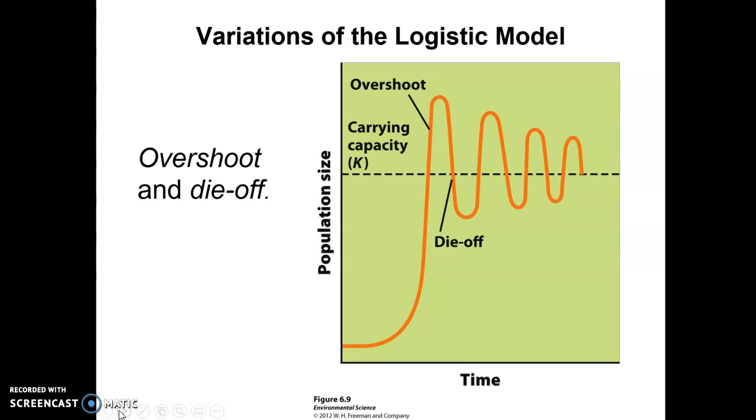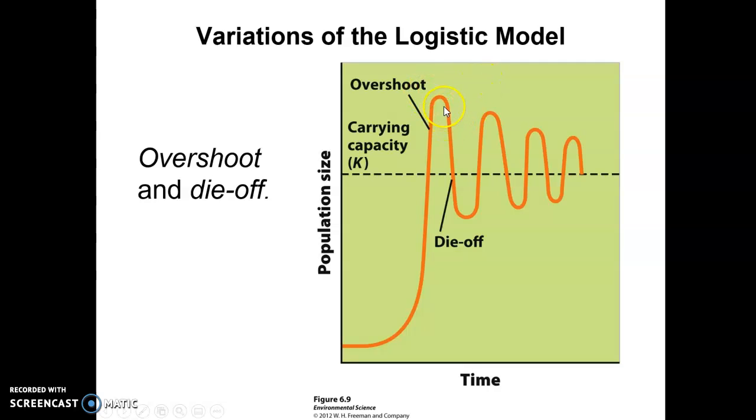Now, sometimes species begin their growth with exponential growth, but organisms that might reproduce maybe once a year might overshoot the carrying capacity. And then when the next season comes along, the next spring, they have too many offspring for the particular habitat to sustain them.